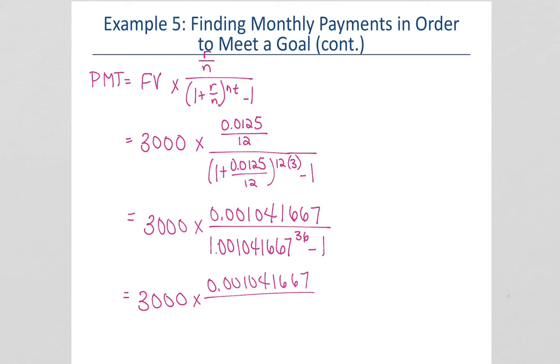Raise to the 36th power and subtract 1, and we have 0.03819173338. So she needs to deposit approximately $81.82 each month. $82.